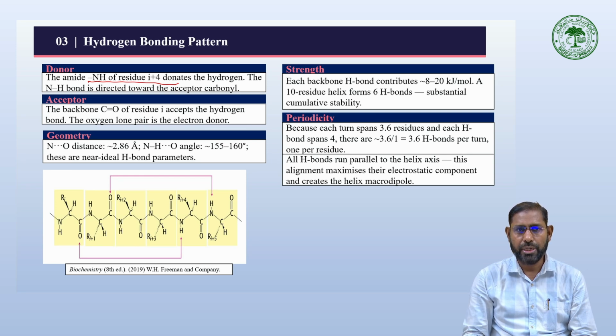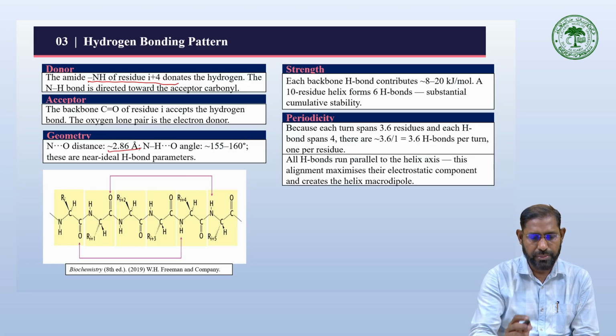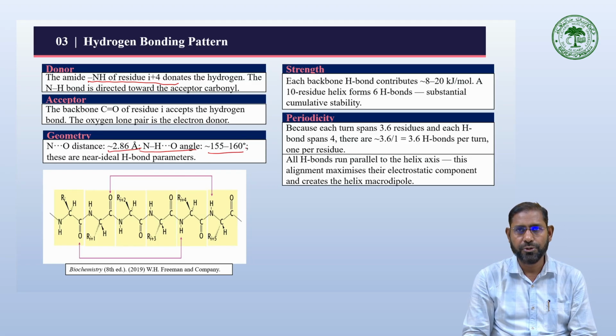The acceptor is the carbonyl CO of residue i minus 4, which accepts the hydrogen bond, and the oxygen lone pair is the electron donor. And the geometry: the N-O distance is 2.8 angstrom and the N-H-O angle is almost 155 to 160 degrees. These are near-ideal H bond parameters.